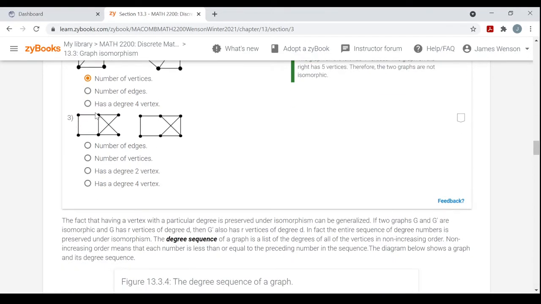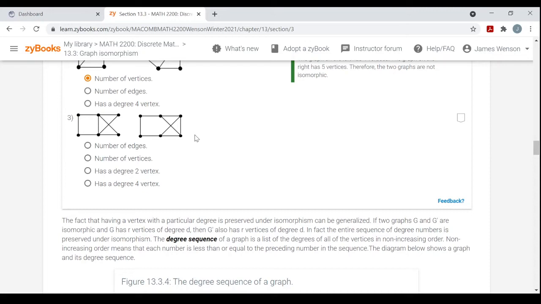Now here, 6 vertices. Okay, so far so good. There are 4 edges here, and then 2, 4, 8 edges here. 1, 2, 3, 4, 5, 6, 7, 8 edges here. So they have the same number of vertices and the same number of edges, but they're telling us they're not isomorphic.